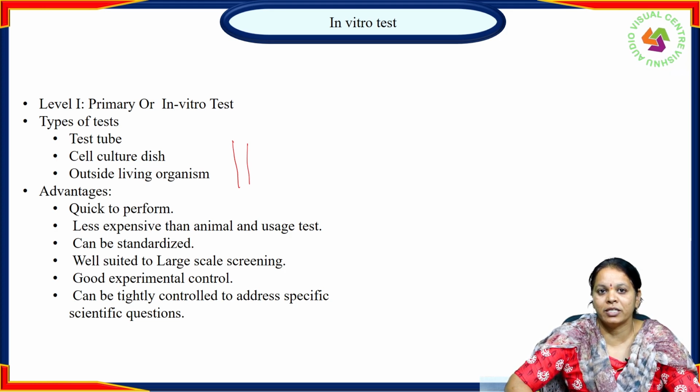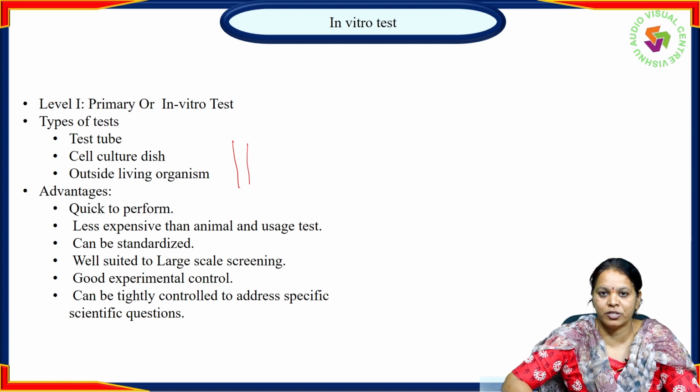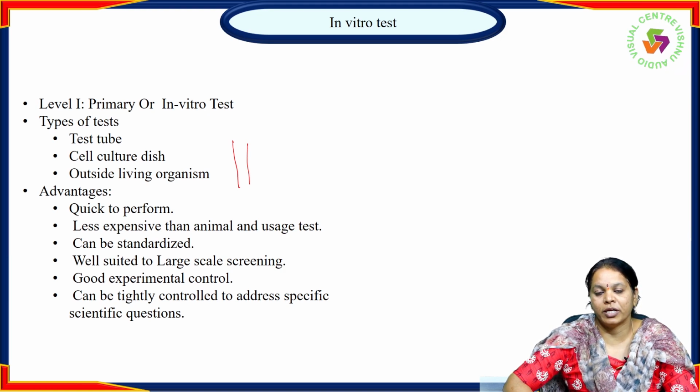they will be setting the standard such that the animal test would give further information in addition to these results. Well suited for large scale screening and good experimental control, because everything is under the control of the person who is performing the test, so it can be tightly controlled and address specific questions of scientific approach, like how far it is compatible enough or not.